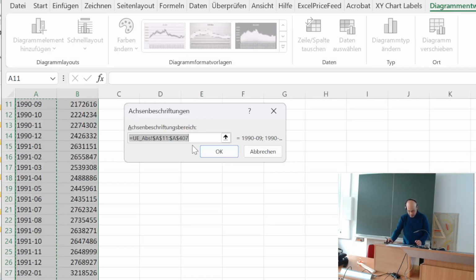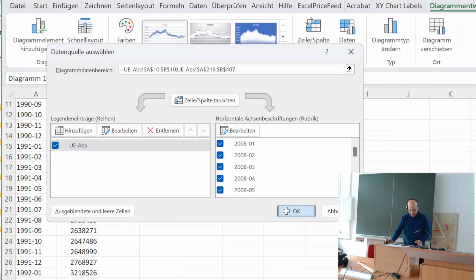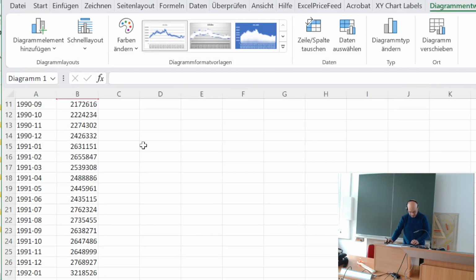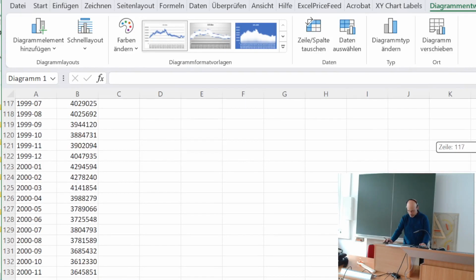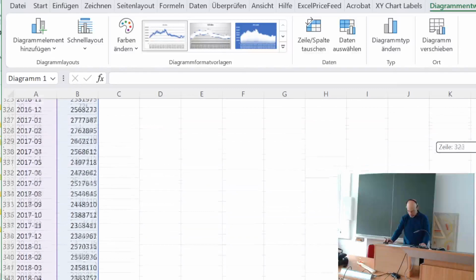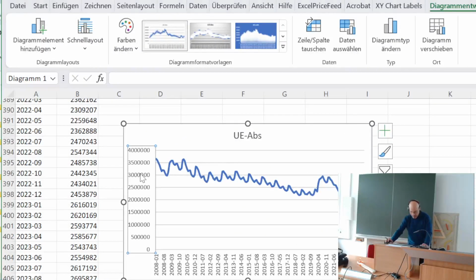And now 219. And now let's try to manipulate the vertical axis.